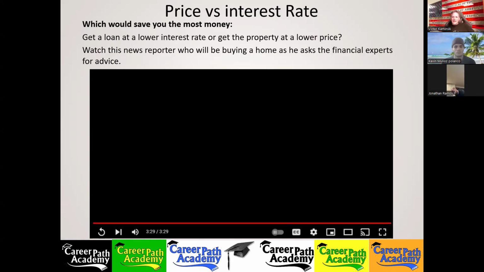But whatever you purchased the house for, that's what you owe. There's no renegotiating on what you owe. So if you could get it at a lower price, that'll get you more savings than concentrating on an interest rate, because you could always just refinance if the interest rates ever drop later on in the future.